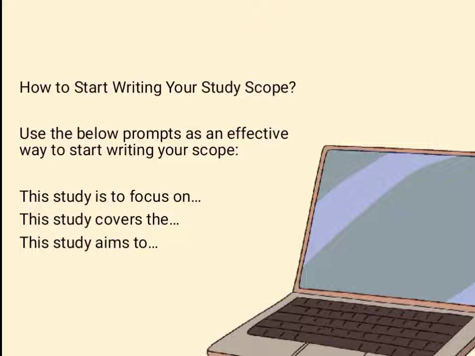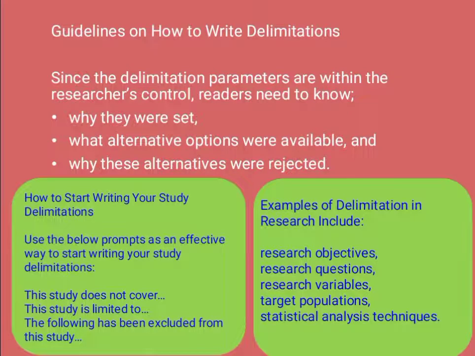So we have here also the guidelines on how to write delimitations. Since the delimitation parameters are within the researcher's control, readers need to know why they were set, what alternative options are available, and why these alternatives were rejected. So, for example, if you are collecting data that can be derived from three different but similar sources, the reader needs to understand how and why you decided to select the one you have.